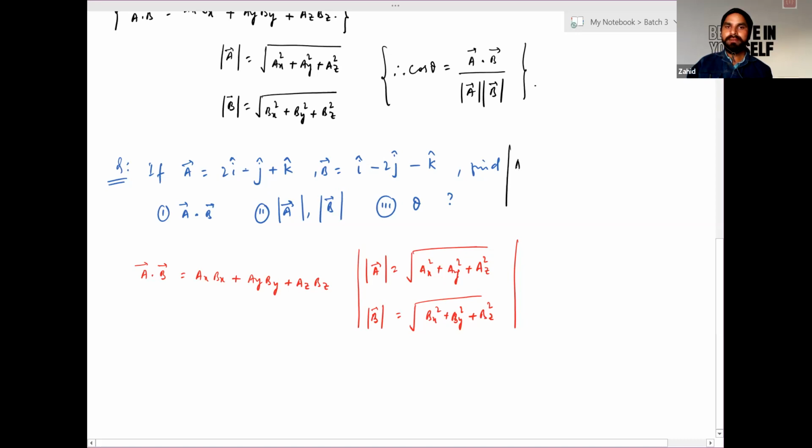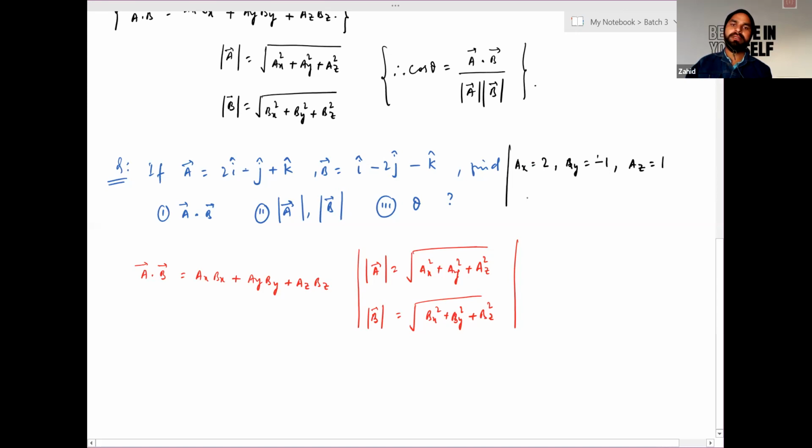For this vector, component of i will be x, component of j will be y, and component of z, or k cap, will be z.